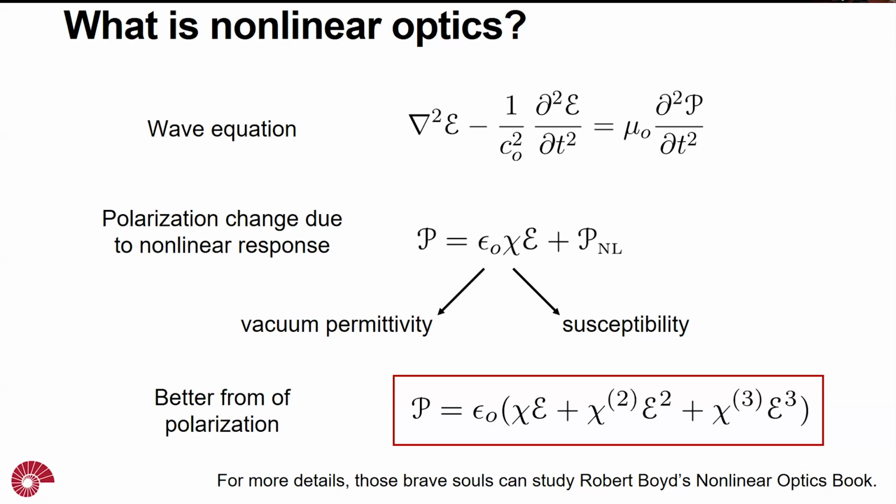Depending on the property and orientation of the material, you will be dealing with chi2 or chi3. If you are really wondering, I recommend you study Robert Boyd's Nonlinear Optics book, but we will not cover what's going on there. I can easily say that it is a giant tensor with complex values.